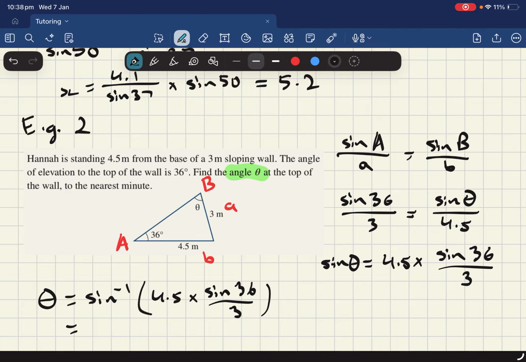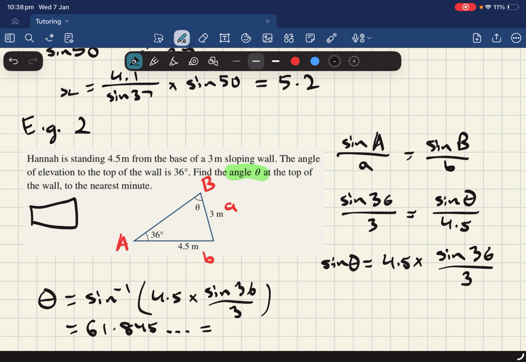And I want to find this to the nearest minute. So I'm going to put this all in my calculator first. Remember, you have to write your inverse sine. So I'm doing inverse sine of 4.5 multiplied by sine 36 over 3. And that will give me 61.845... And remember to convert this to degrees, minutes.